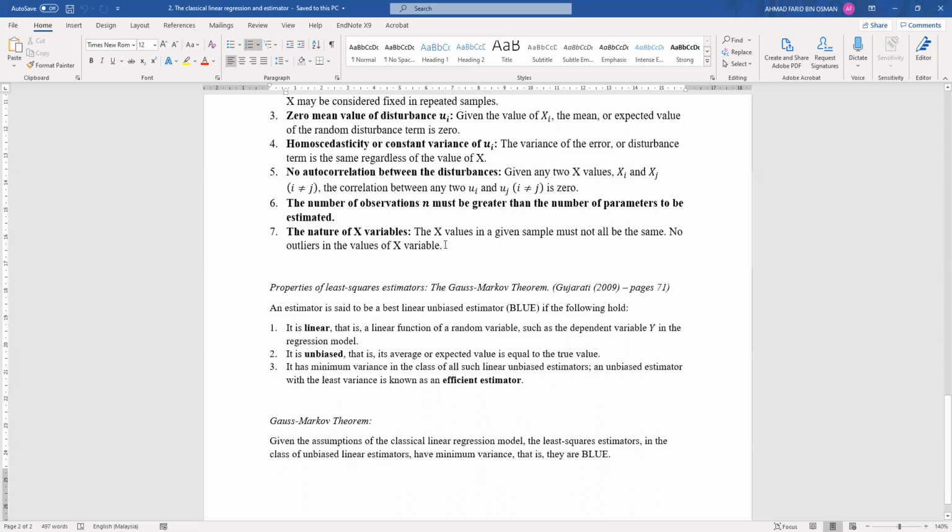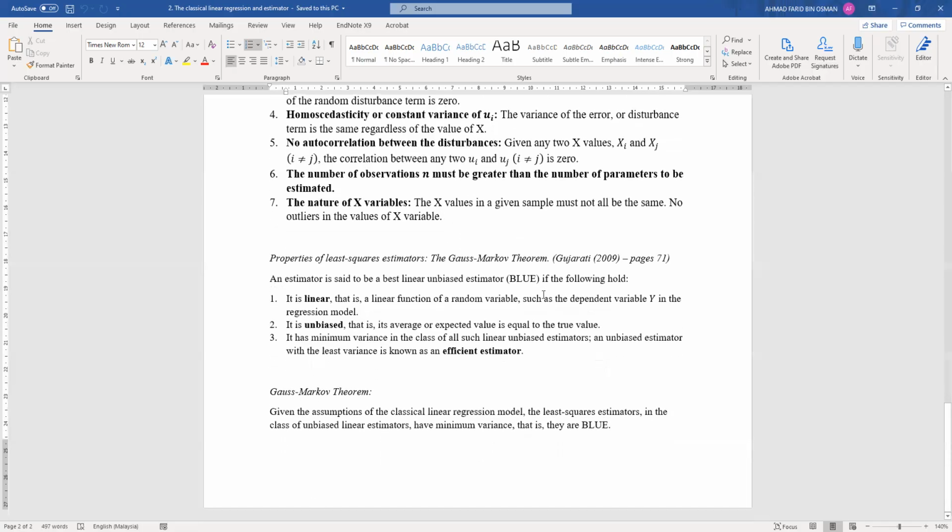Let's say you have a variable x where the first observation equals 10, the second observation also equals 10, up to the last one, all equal to 10. Then you cannot estimate, because we use an econometric model to measure how, when x increases or decreases, it influences the value of y. If x all has the same value, how can we estimate the effect on y when x increases or decreases?